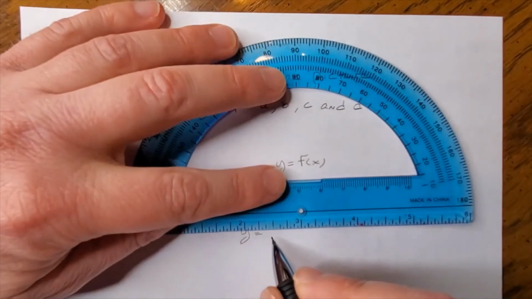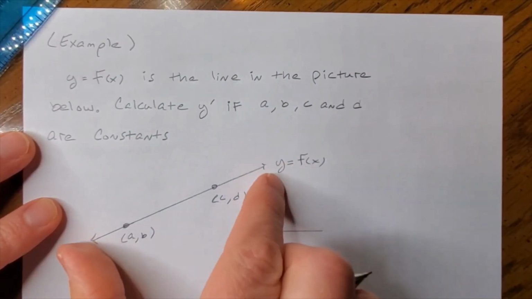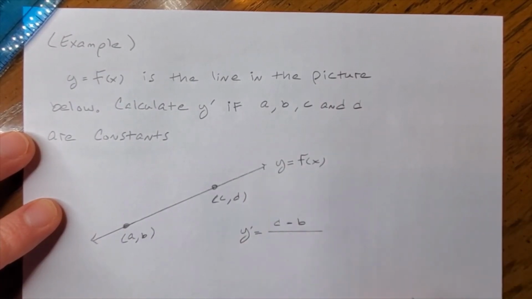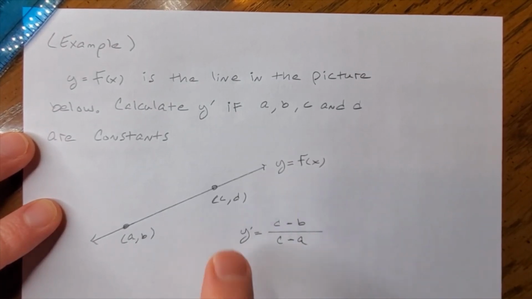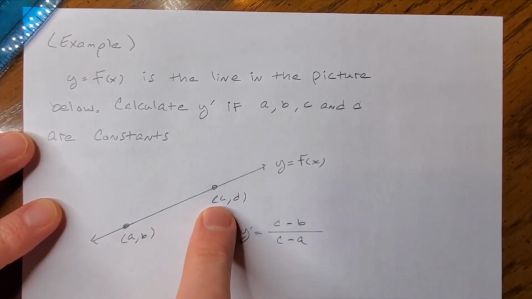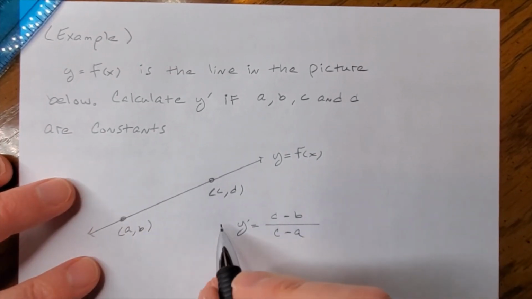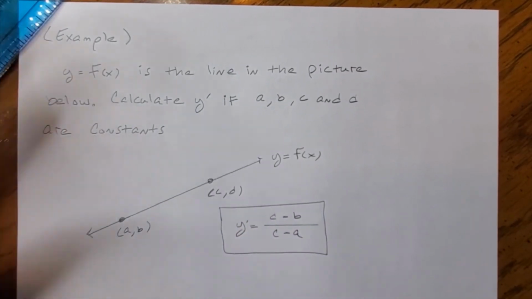So y prime is going to be the derivative, and the derivative in this case is the slope of that line. That would be d minus b over c minus a, right? That's just like your y2 minus y1 over x2 minus x1. I can't take it any further than that without knowing these numbers, so I'll leave it there, but that's still appropriate.